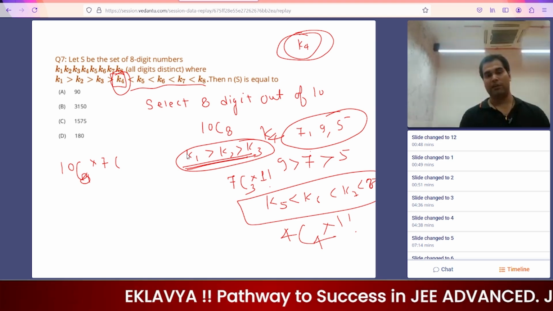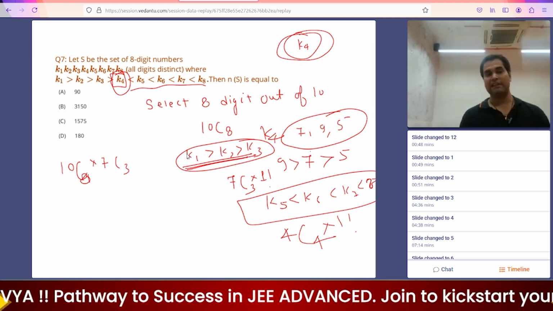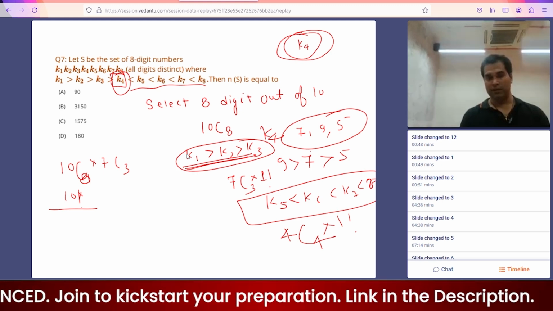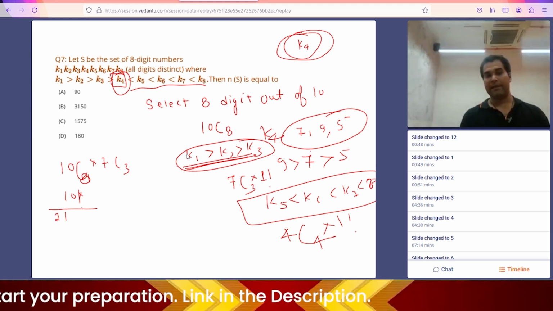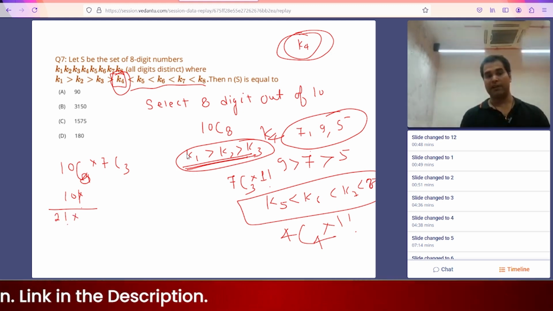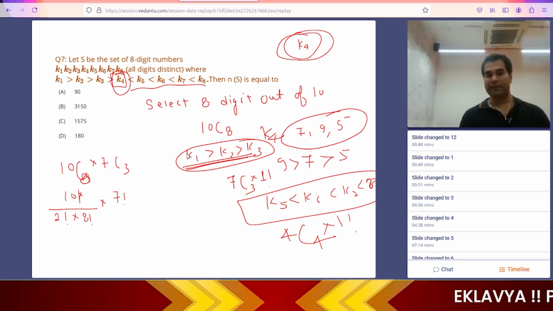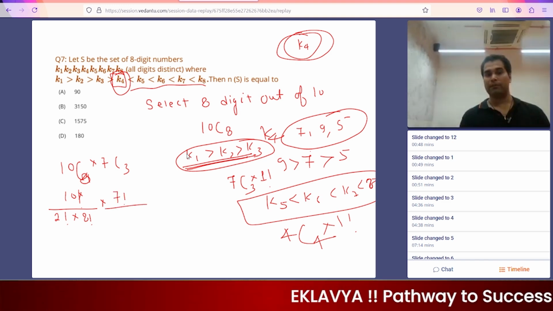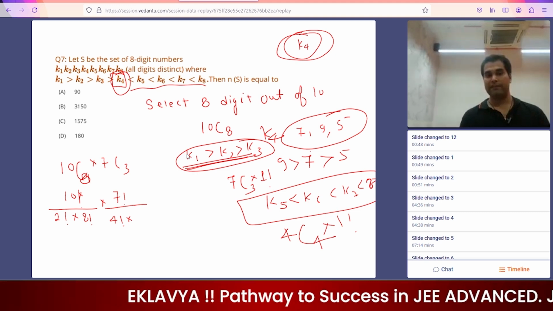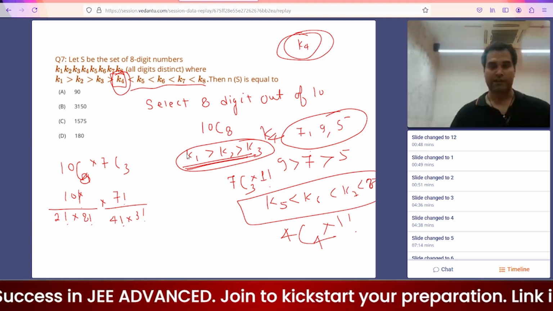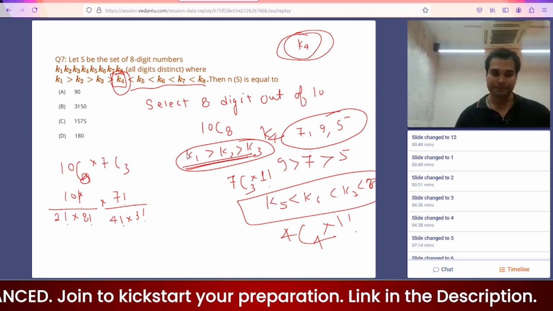10C8 into 7C3. 10C8 means 10 factorial upon 10 minus 8, 2 factorial into 8 factorial. And here 7C3 is 7 factorial upon 7 minus 3, 4 factorial into 3 factorial. It's okay.